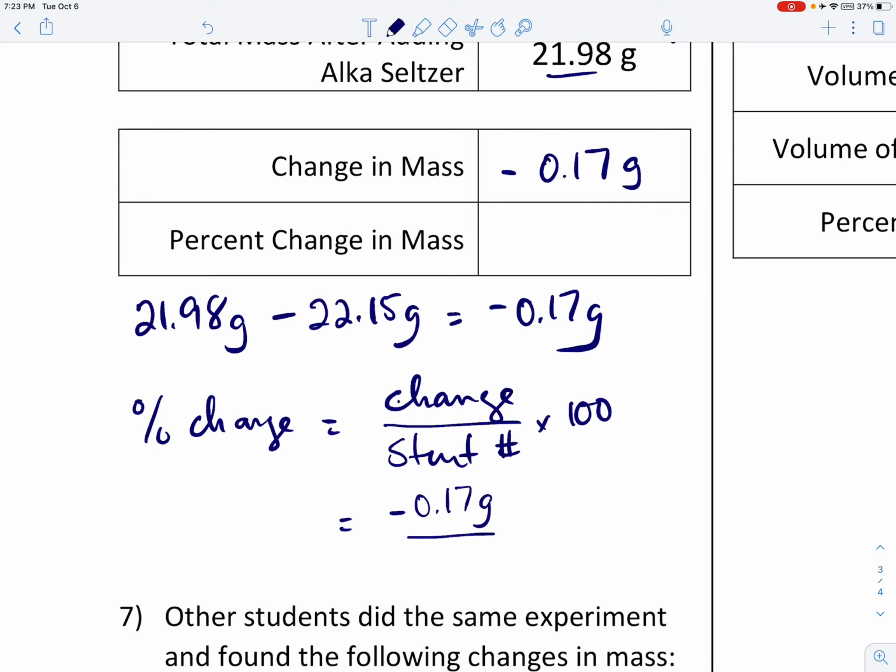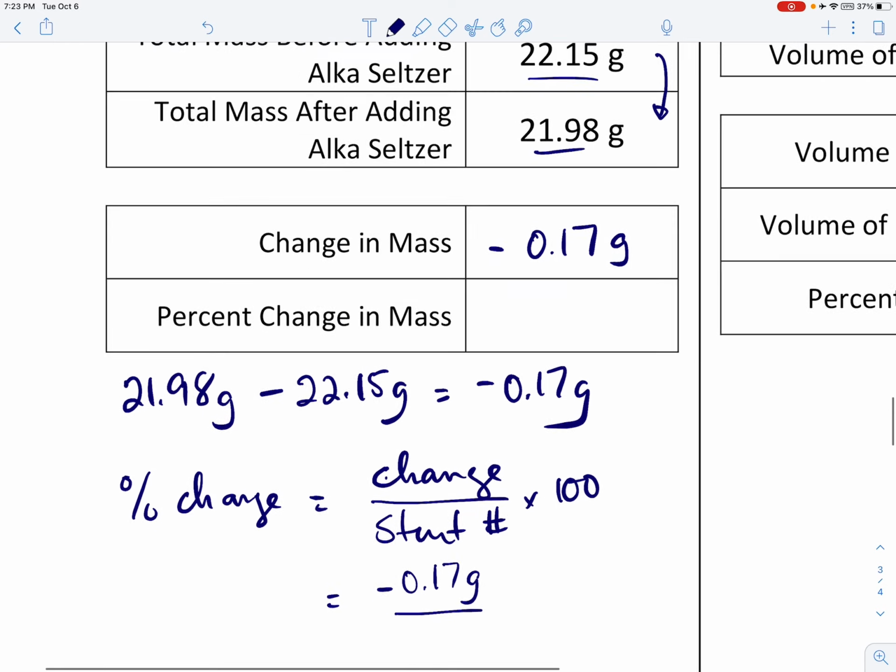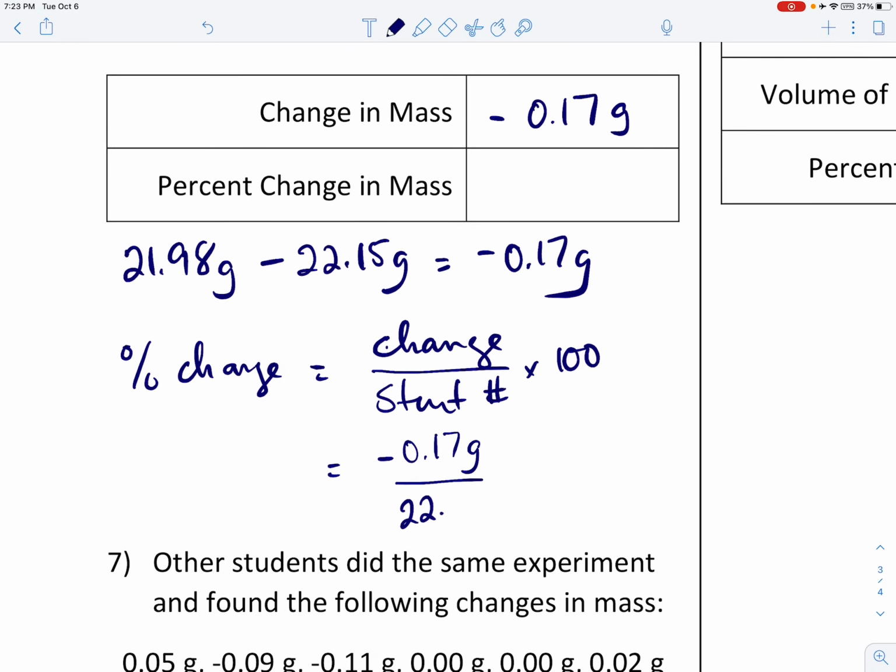So we'll take the change, negative 0.17 grams. We'll divide by the starting mass, which was 22.15 grams, and we'll times by 100. Grab your calculator and get the answer. When you're dividing like that, you base your answer on significant digits. 2 digits in the numerator, 4 digits in the denominator.